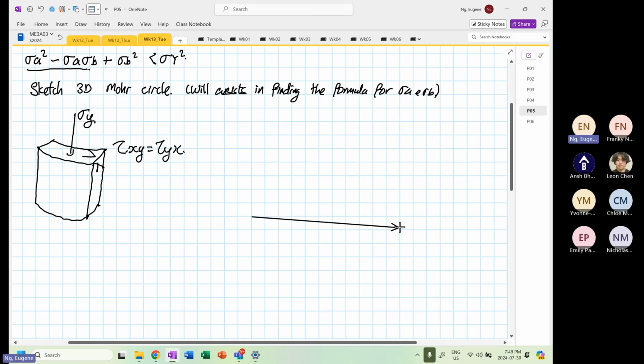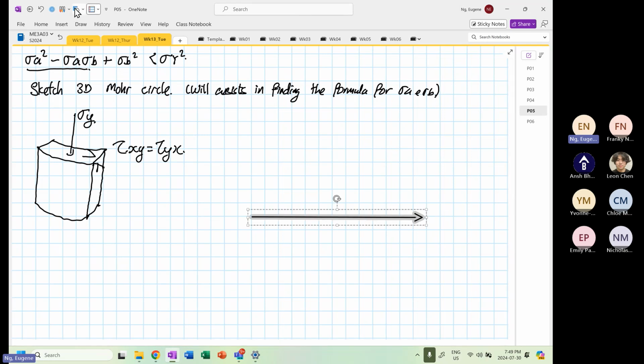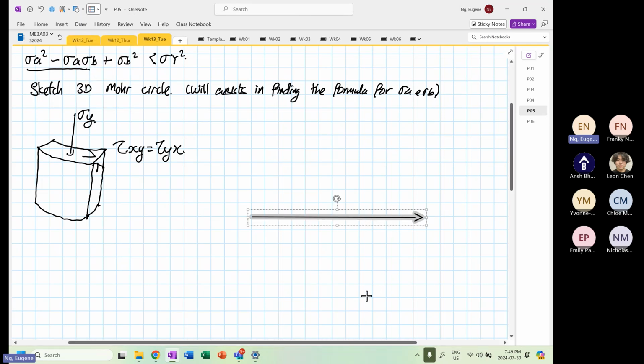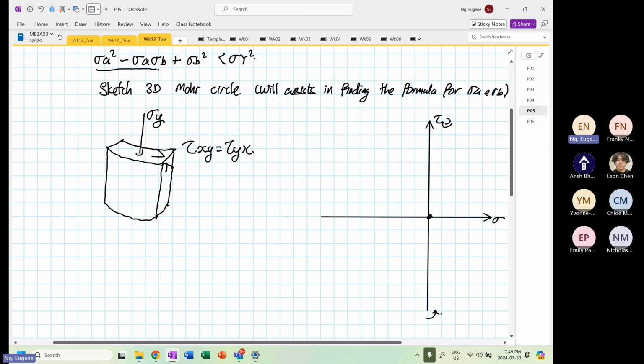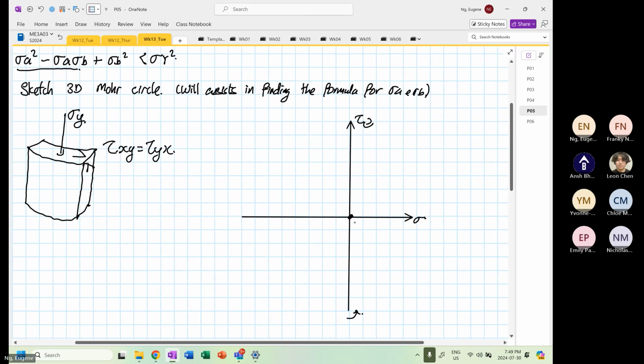So again, I'm going to focus on the negative side now because everything is in compression. So this is our normal stress, clockwise, anti-clockwise, and we know that this is our point Z. Point Z has zero stress.